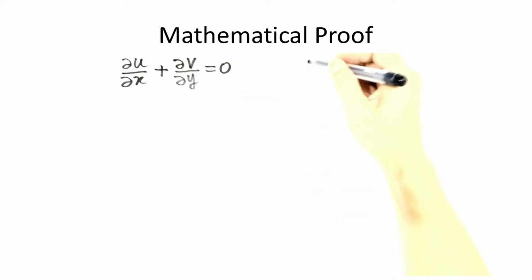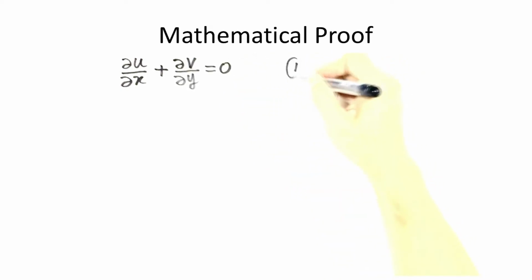To check the validity, first we have the incompressible continuity equation, which is ∂u/∂x + ∂v/∂y = 0.